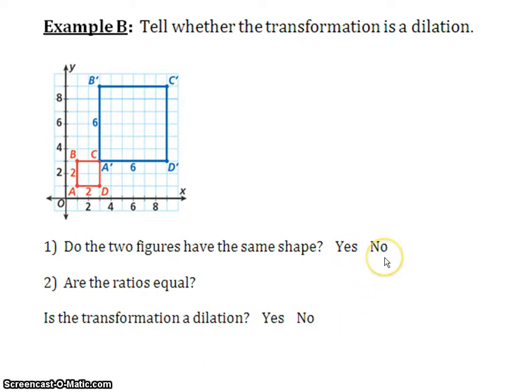Please circle yes or no. Number two, are the ratios equal? Please set up two ratios and use either cross products or decimals to decide if those two ratios are proportionate. Then finally, is the transformation a dilation? Please circle yes or no.